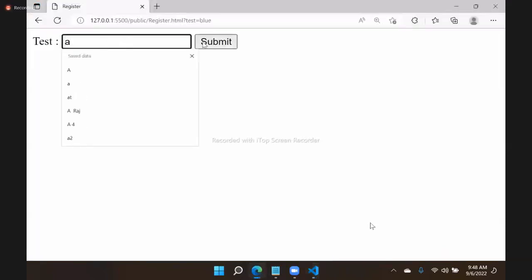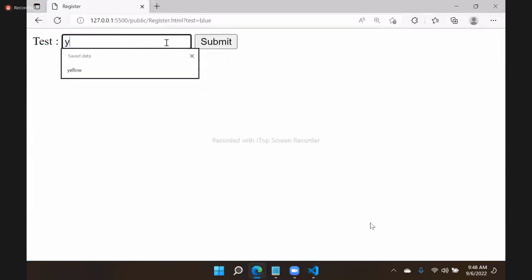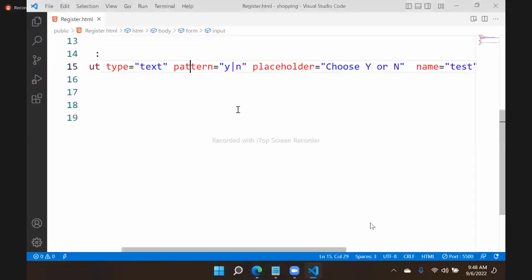If I put anything else, it's not allowed. It's allowed with Y, that means yes, and with N, that is no. Yes or no, you can define in this way. Anything else is not allowed. So this is for single characters or single words.